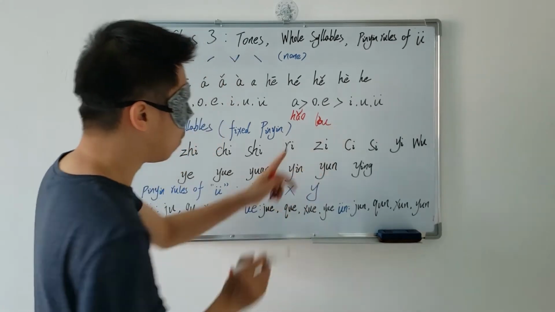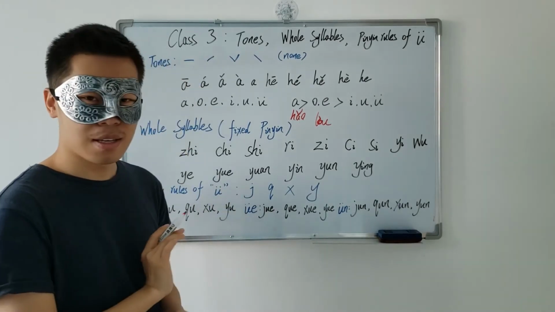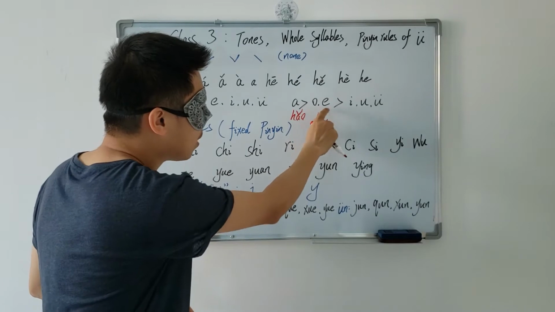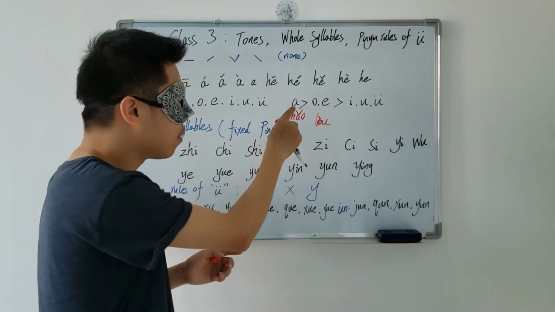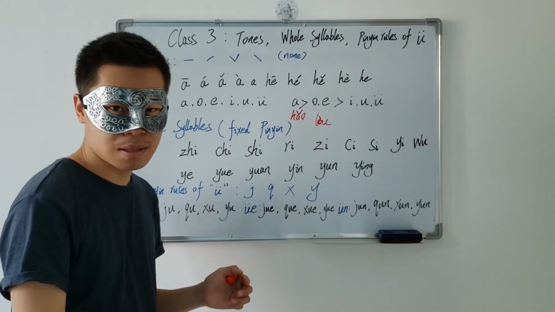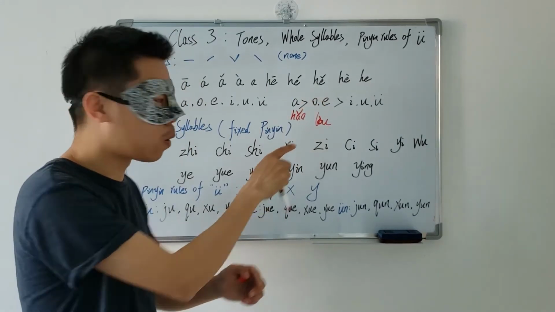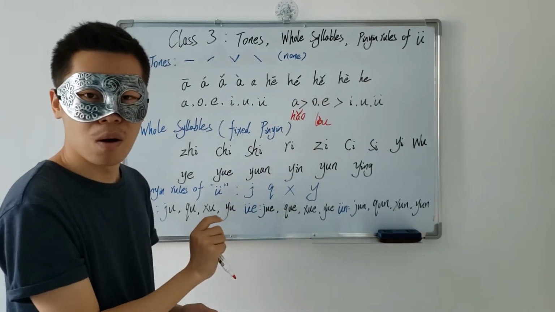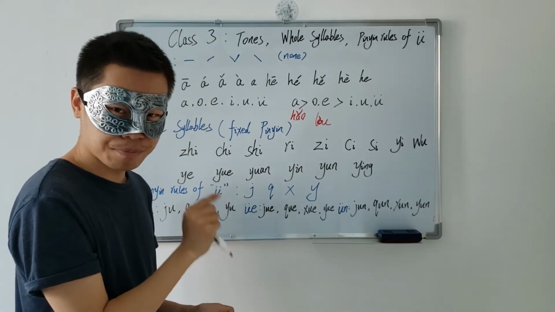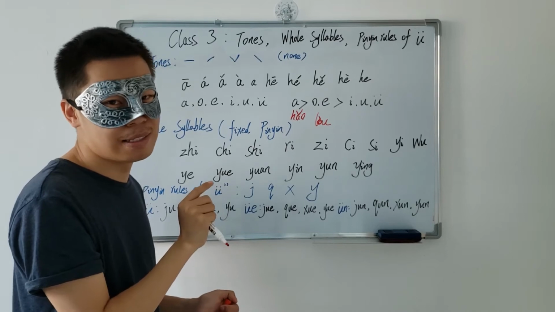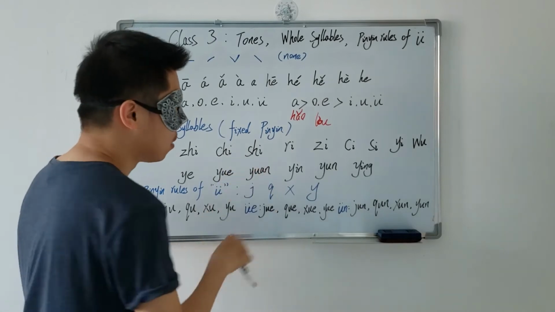You may want to ask, what if the o and e are in the same pinyin? So where should I put the tone, on o or e? I can tell you that this doesn't exist in pinyin, so you don't have to worry about that.